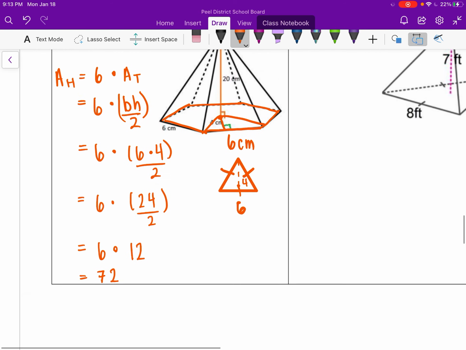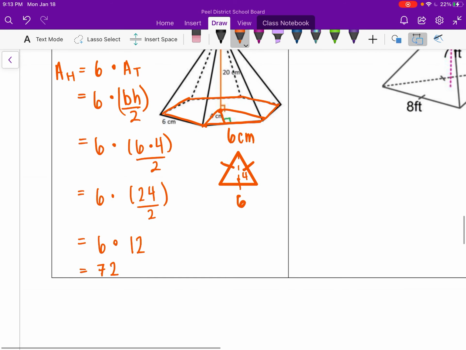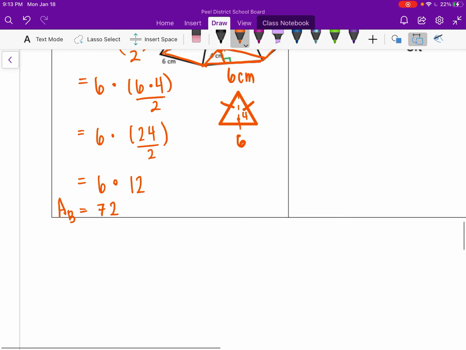So I know the area of my base, or my hexagon, whatever you want to call it, is 72 centimeters squared.